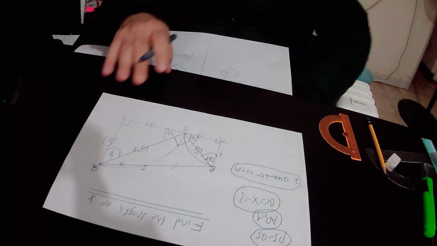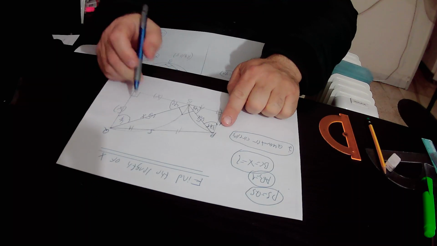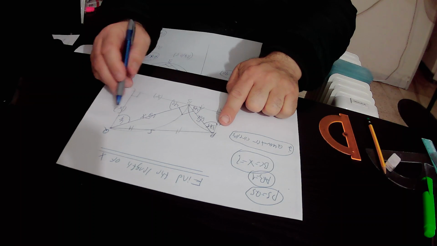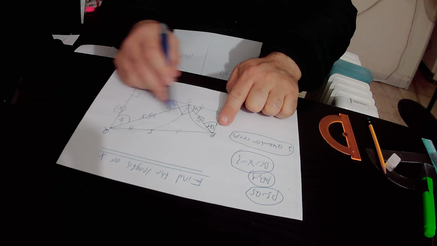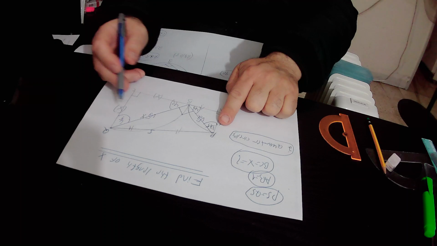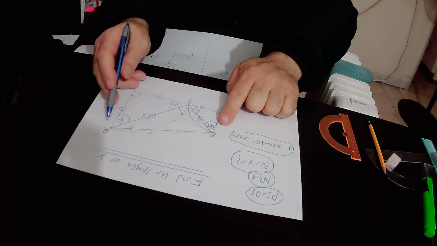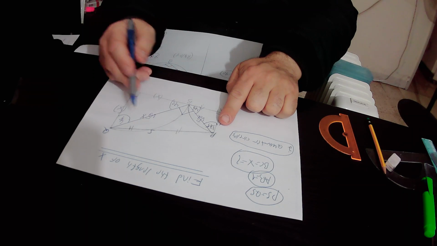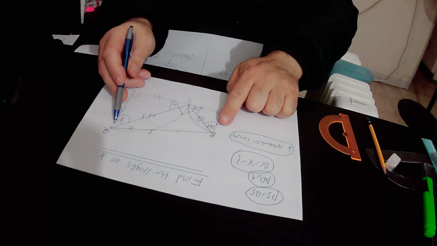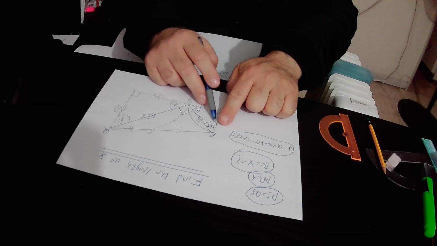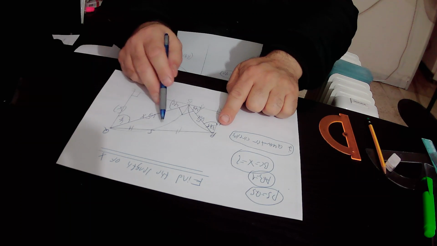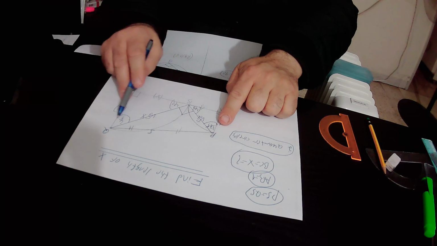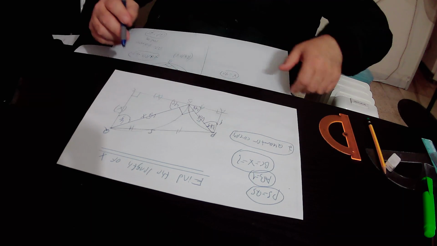From one side, QP equals 2r, but from the other side, it is given that PS equals SQ. So if we define PS as x, then SQ must also be equal to x because they are equal to each other. So in total, PQ equals PS, that is x, plus SQ, that is x. So PQ equals x plus x, that is 2x.